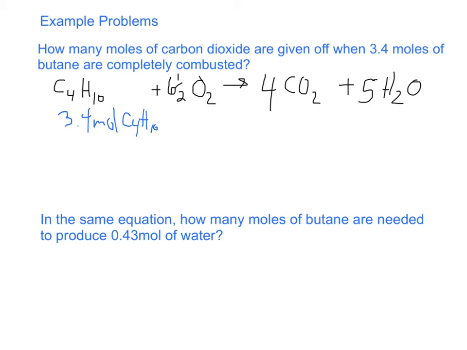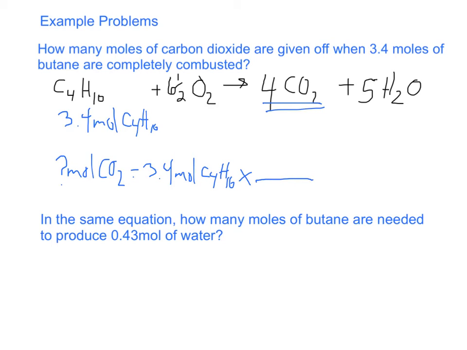Now we have to figure out our ratio between butane and CO2, because we want to know how many moles of CO2. The only thing that gets annoying is you have to keep writing the substance, but that's really important now because we're switching between substances, so you need to keep that straight.